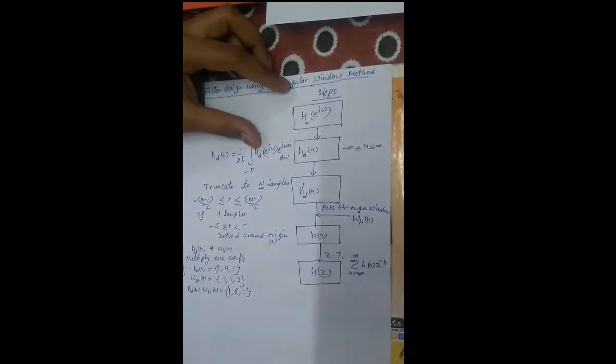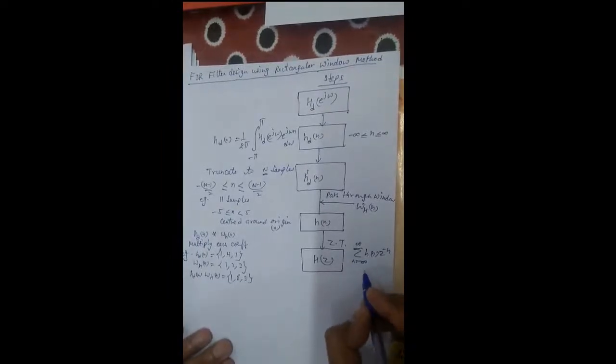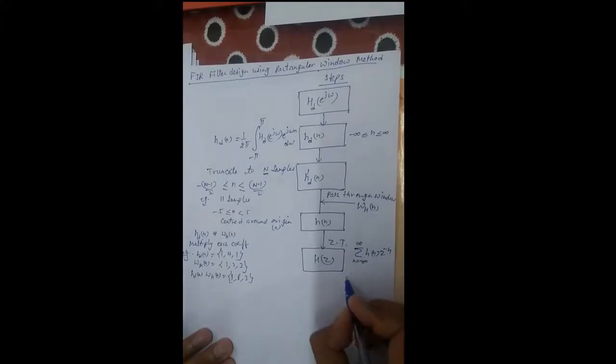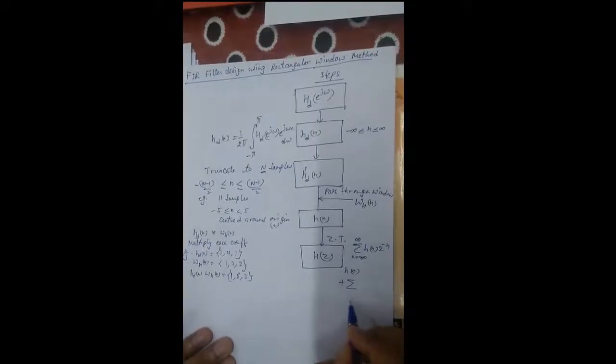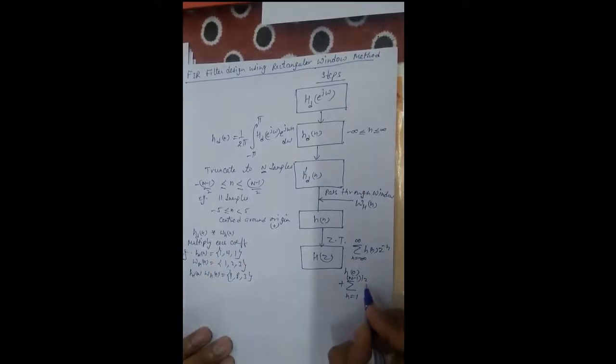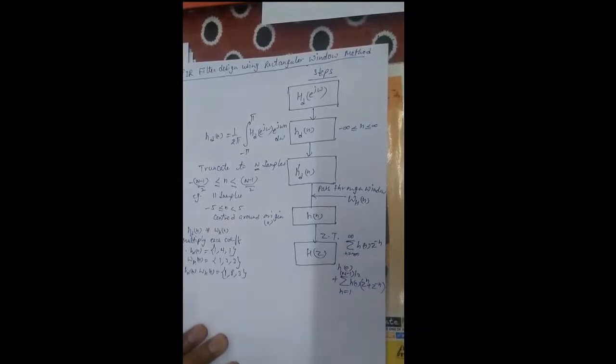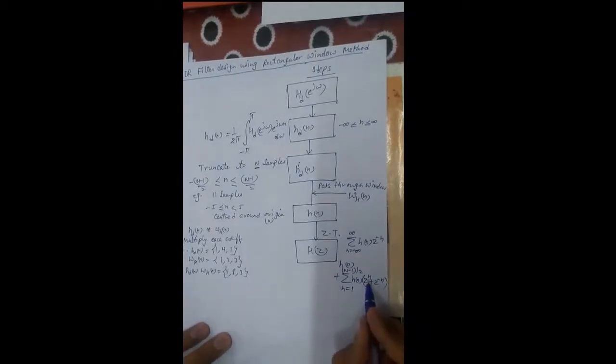As it is symmetric, we can write the Z transform as h[0] plus the sum from n equal to 1 to (N minus 1) by 2, here for example 5, of h[n] z raised to power n plus z raised to power minus n, because it is symmetric around the center.